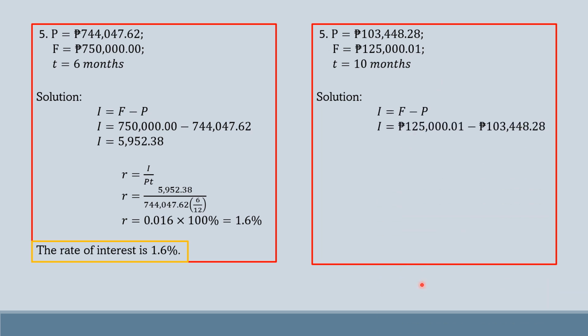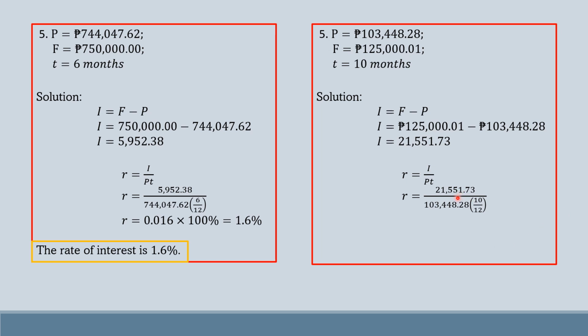So, ang ating final amount is 125,000.01 pesos minus 103,448.28. So, magkakaroon tayo ng 21,551.73.